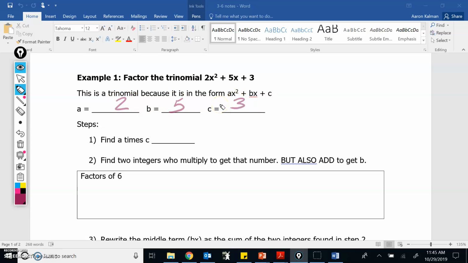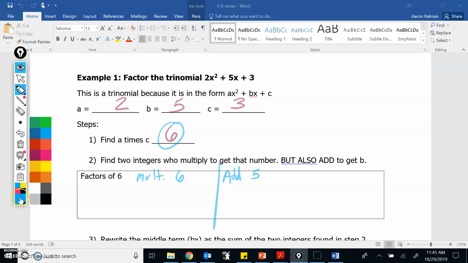Same thing like before, a times c, you get 6. So we want to find two numbers that multiply to get that new value of 6, but at the same time add to get the middle value of 5. Let's list our factors of 6. So we can do 6 times 1.